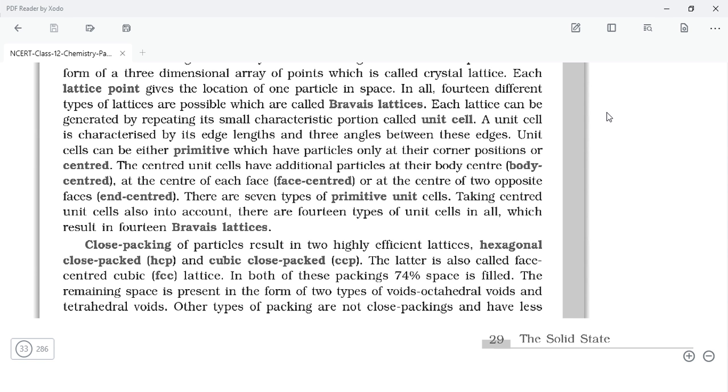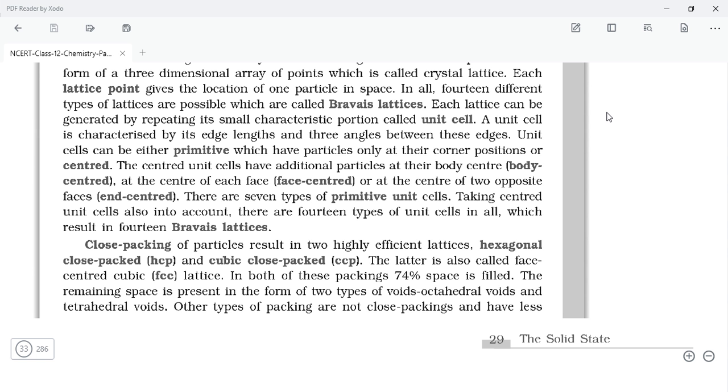Close packing of particles results in a highly efficient lattice. Hexagonal close packing (HCP) and cubic close packing (CCP). The latter is also called face-centered cubic (FCC). In both of these packings, 74% of space is filled.